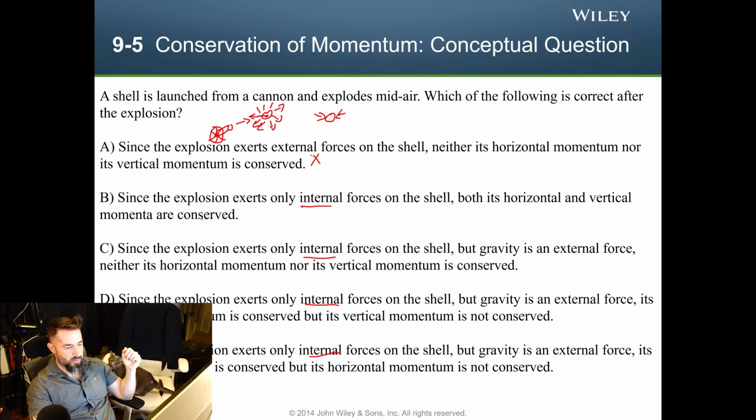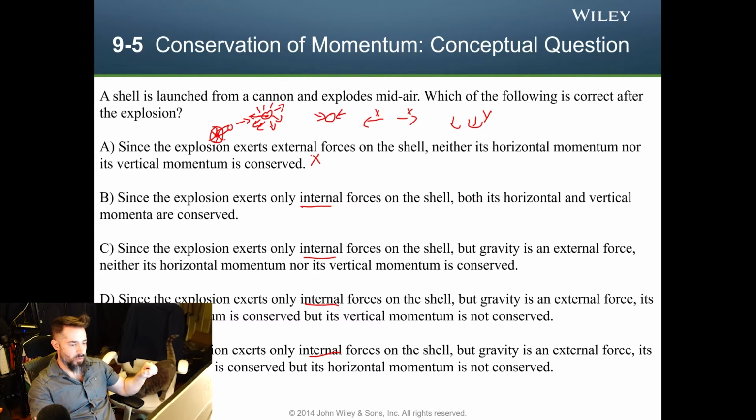Both its horizontal and vertical momenta are conserved. So when this breaks into particles and pieces, we have some pieces flying out in the x direction, and some pieces flying out in the y direction.